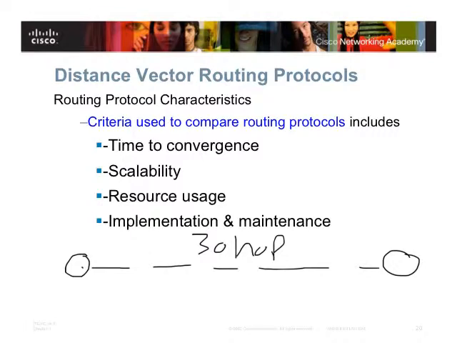If each update is taking 30 seconds, you do the math. It's 30 seconds times 30 hops. 900 seconds.